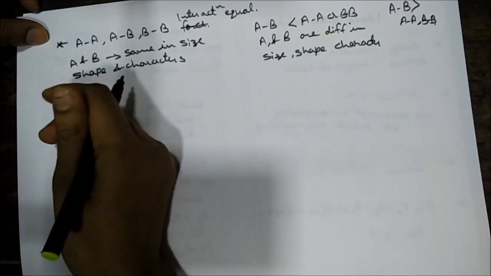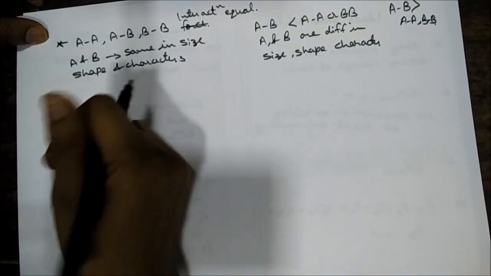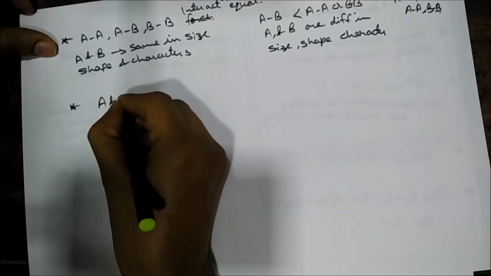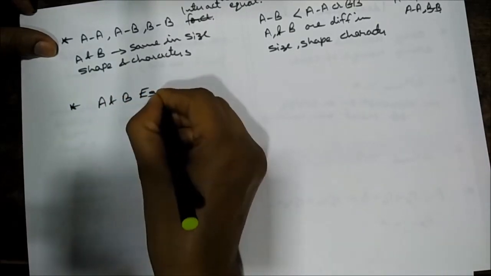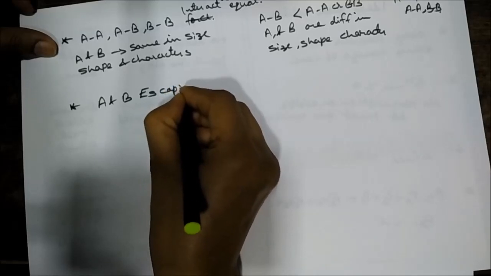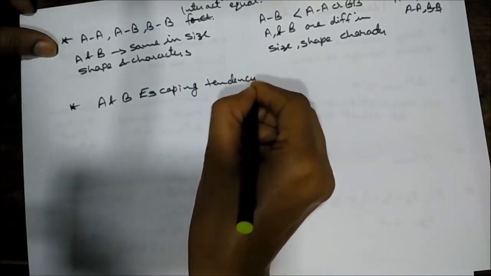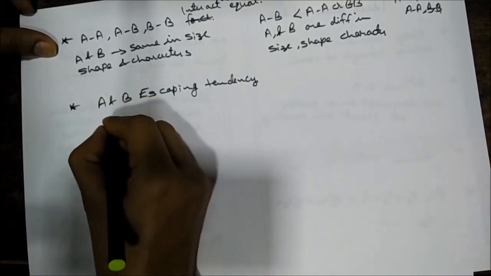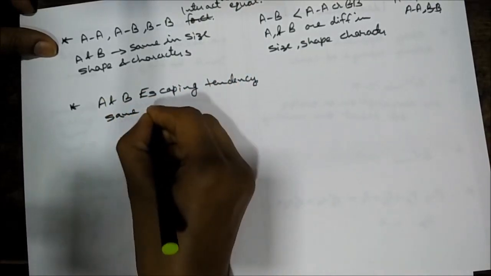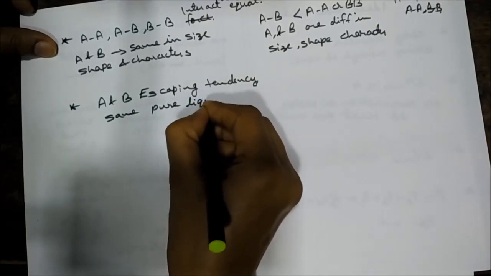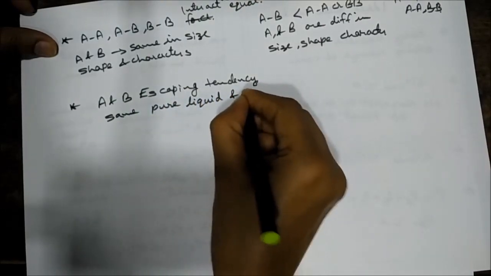The next difference between ideal solutions and non-ideal solutions is escaping tendency. For ideal solutions, the escaping tendency of A and B should be the same in pure liquid and in solution.